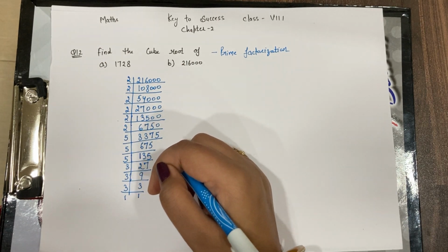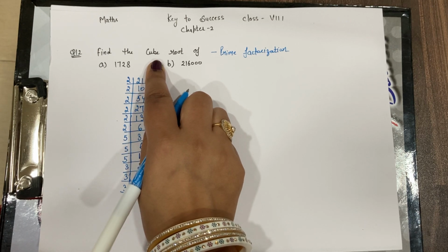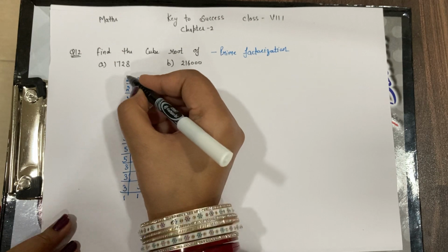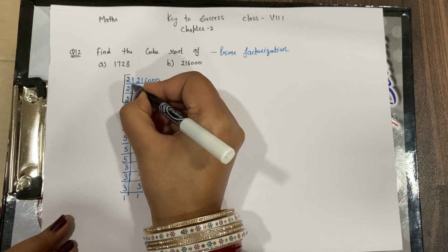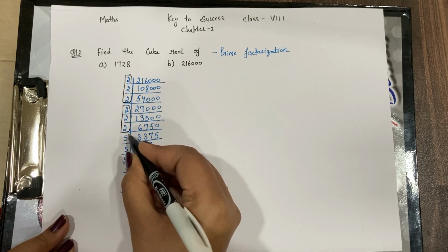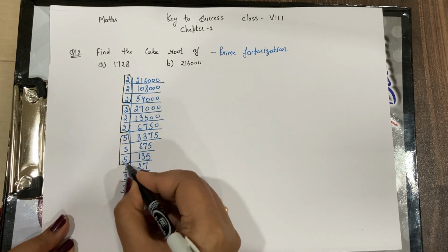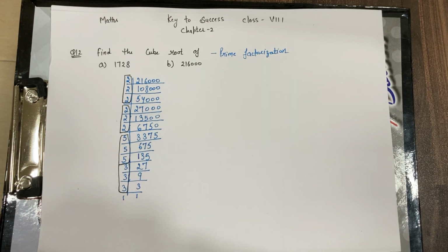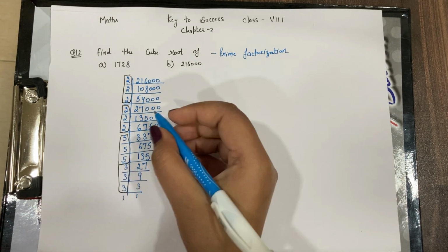So if we make the triplets, it is a cube. Now we have to make the triplets. 2 is having a perfect triplet, again 5 is having it, 3 is having it. So there is no number which is left out of these triplets. Every number is available.